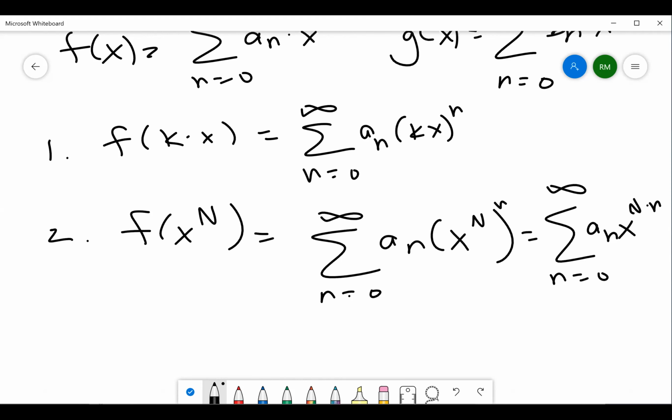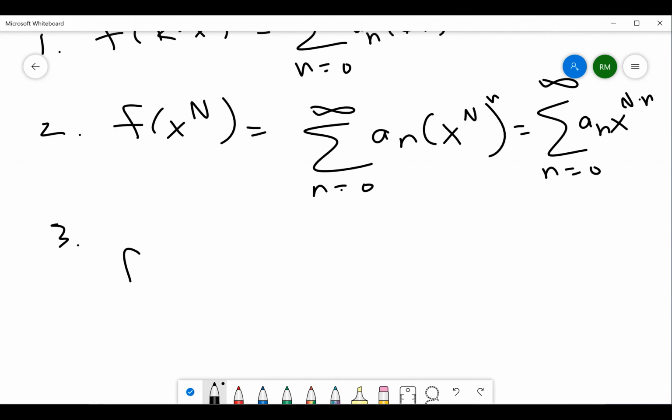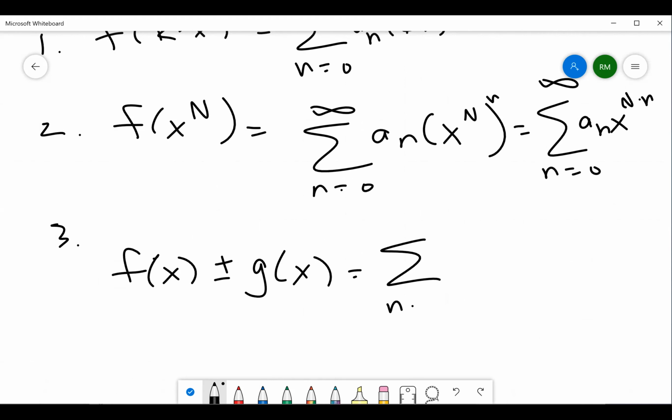Remember, when you take an exponent to an exponent, you multiply the exponents. And last but not least, if I want to add or subtract two power series, that's like adding or subtracting the terms of those series.